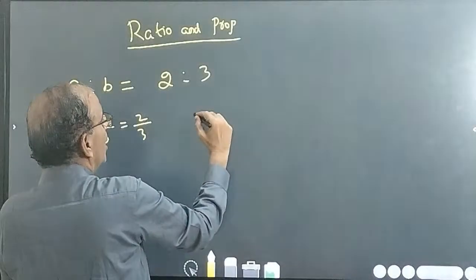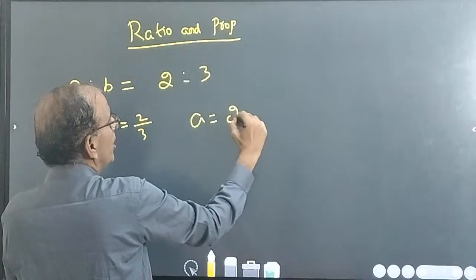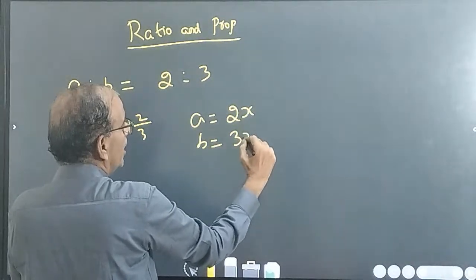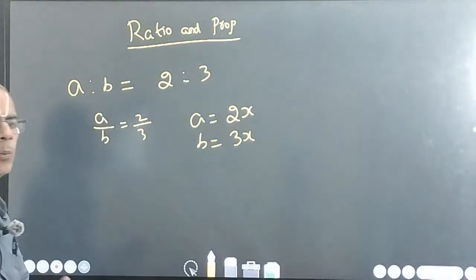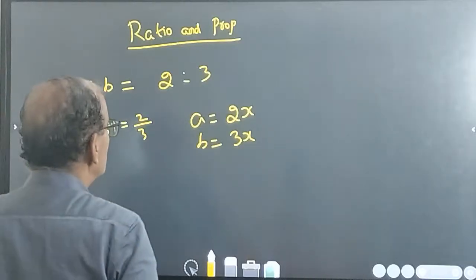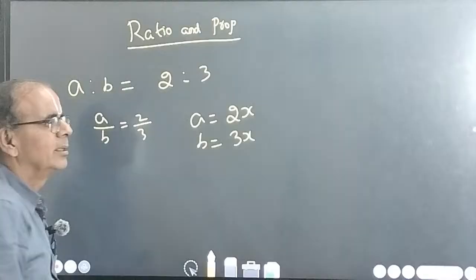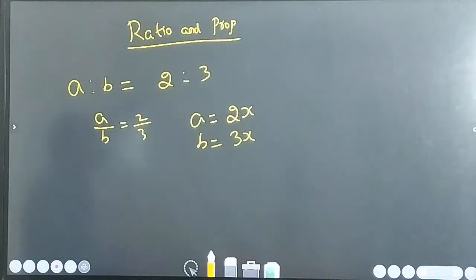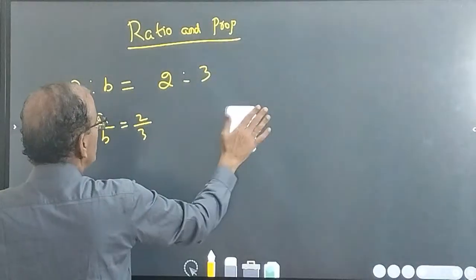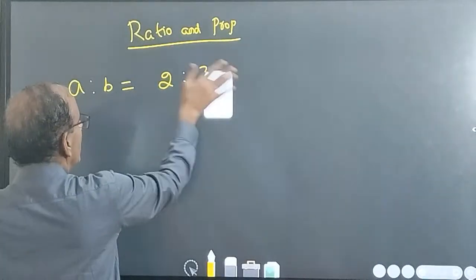You have to always say the value as A is 2x, B is 3x. Depending upon the value of x, if x is 1, they are 2 and 3. If x is 10, then they are 20, 30, etc. This is the basic of this topic.